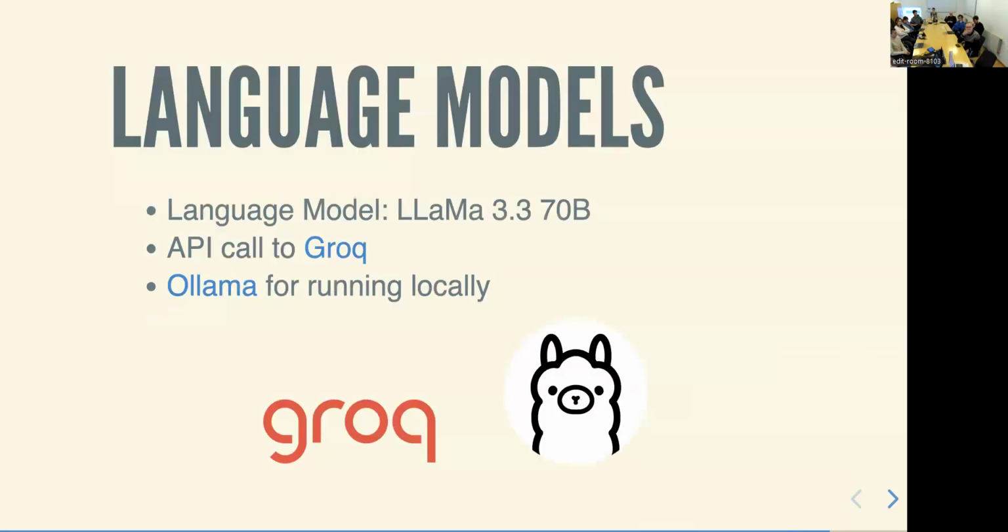Yeah, for the language models, I used this Llama 70B. And because 70 billion parameters are pretty heavy, I cannot run these on my laptop or on the server node. Then I make an API call to Groq, which is one of these companies where you can just run your language models. Very simple APIs that you can just call.